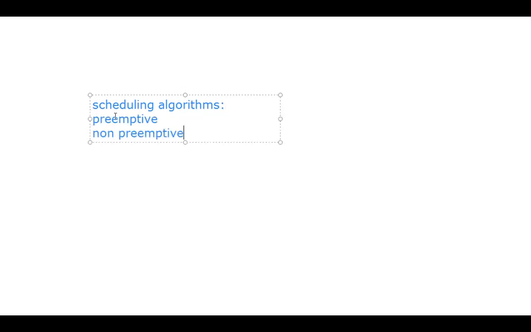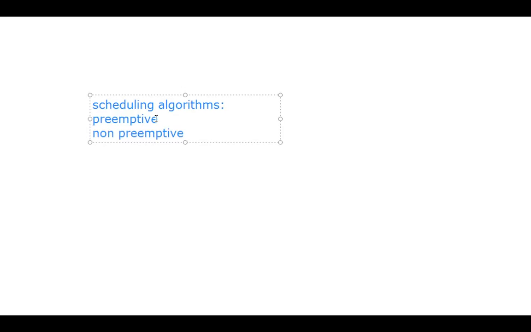Preemption means when any process is executing in the CPU, for example, P1 is executing in the CPU at this time, and some other higher priority process comes and wants to execute. So P1 will get preempted from the CPU and the CPU will get allocated to process P2, which is of higher priority than P1. This is known as preemptive algorithm.